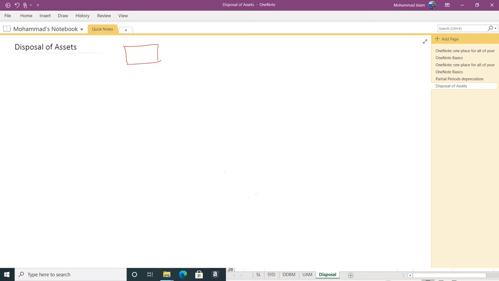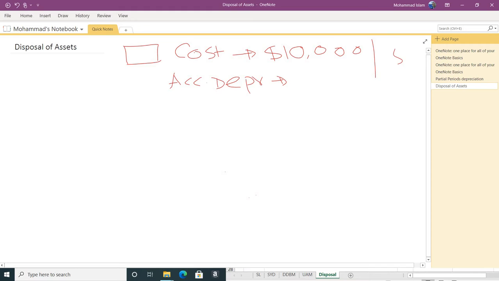Say its cost was 10,000. And its accumulated depreciation is for the last say 5 years, and we are assuming that the useful life of the asset is 10 years.